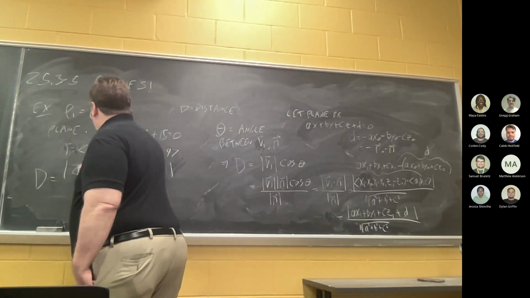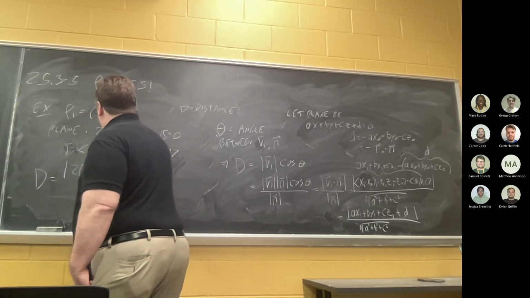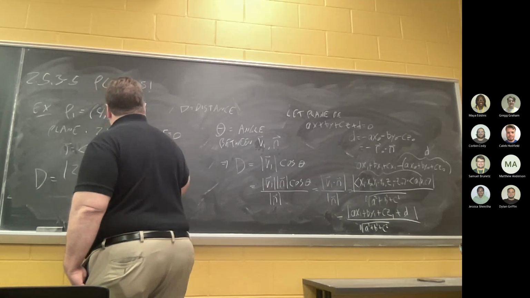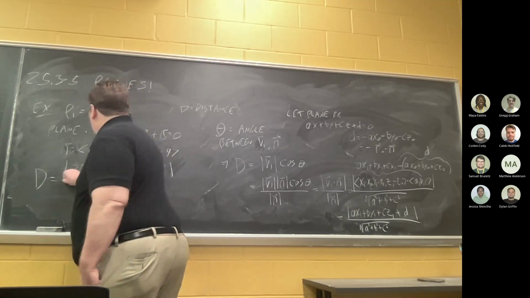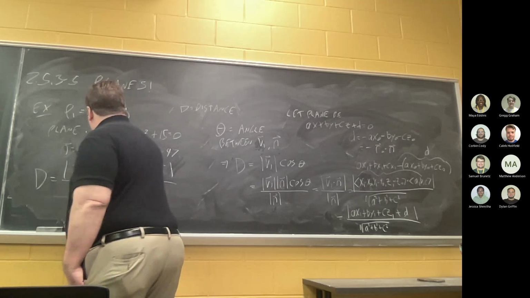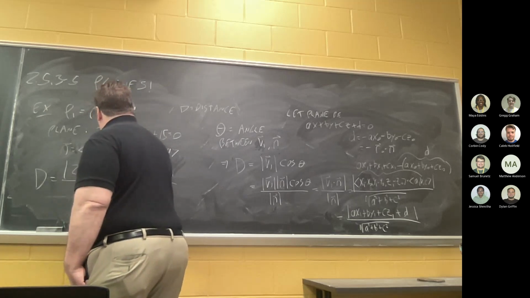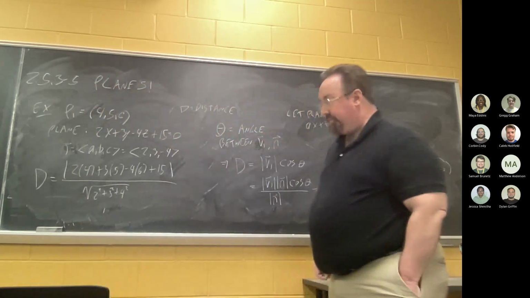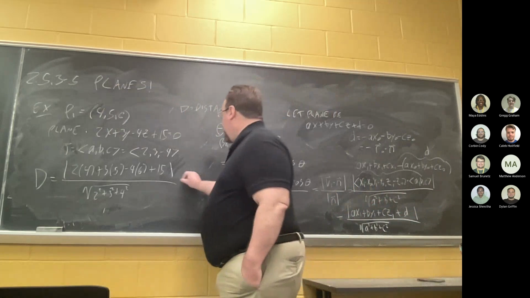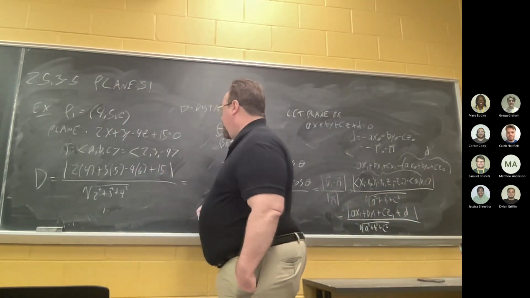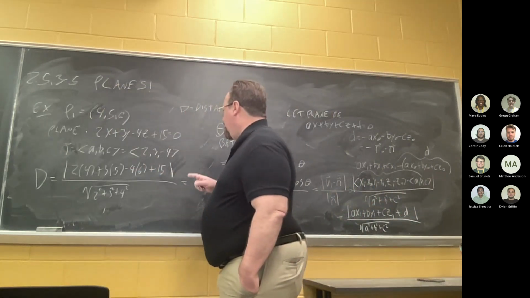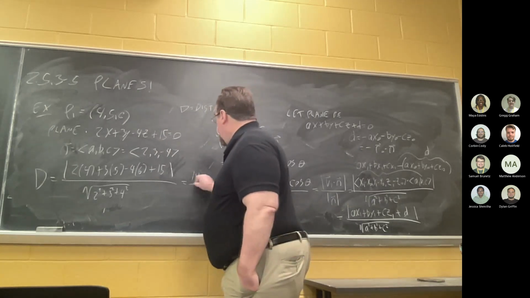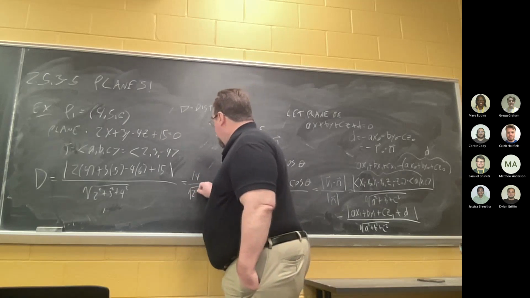So we have 2 times 4 plus 3 times the y coordinate, 5, minus 4 times 6, plus 15, over the square root of 2 squared plus 3 squared plus 4 squared. So work out all of this: 38, 14, over the square root of 29.